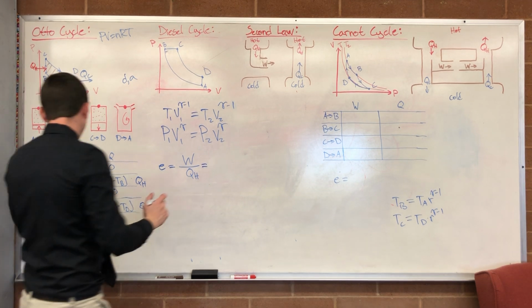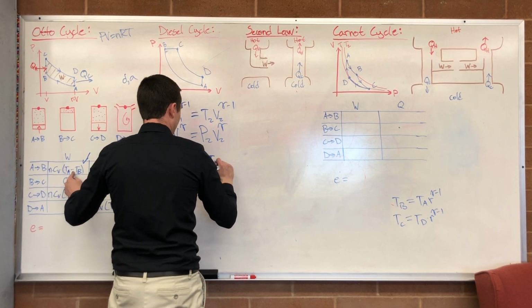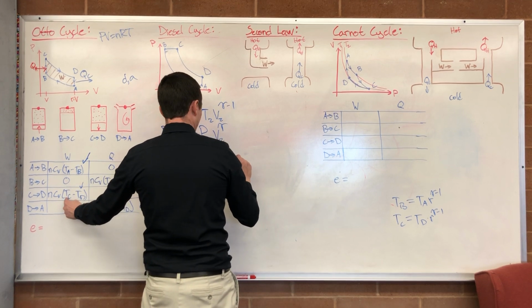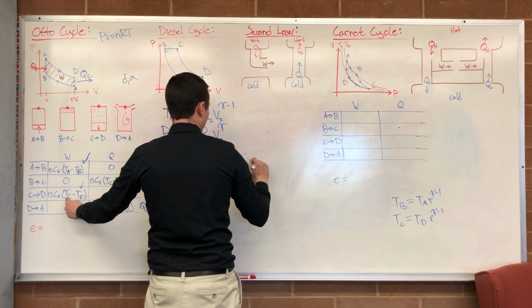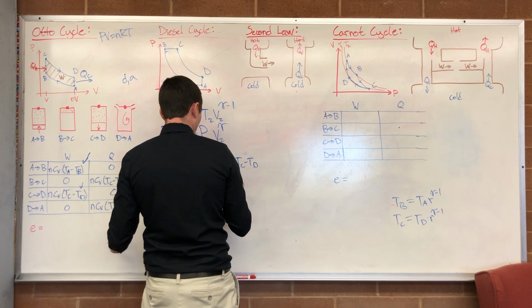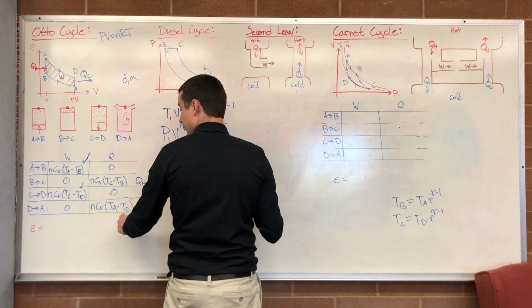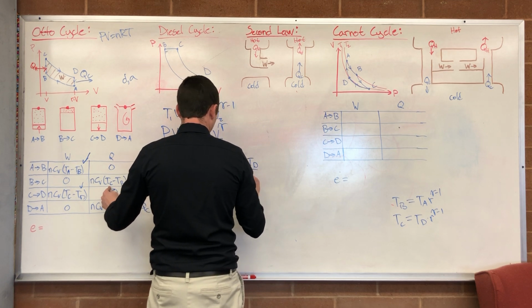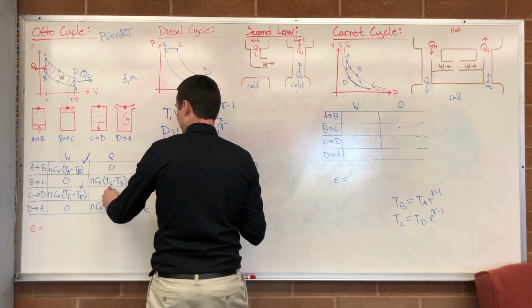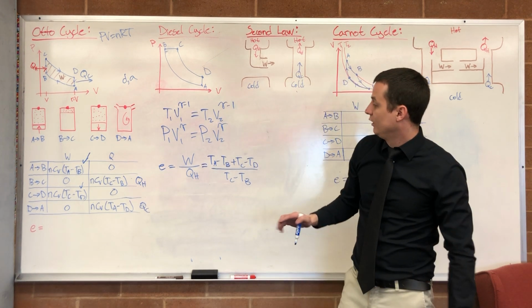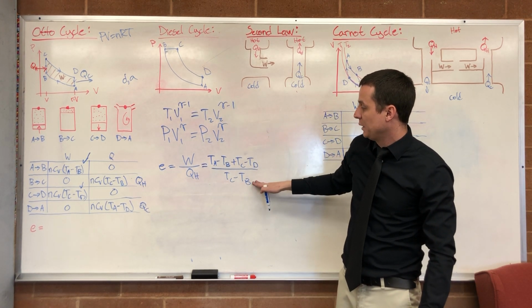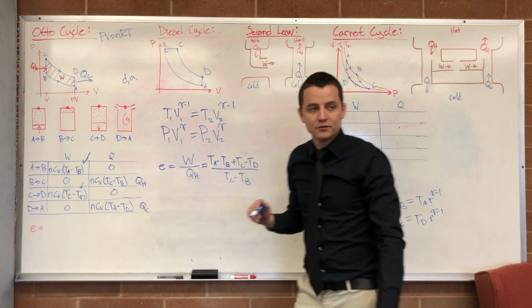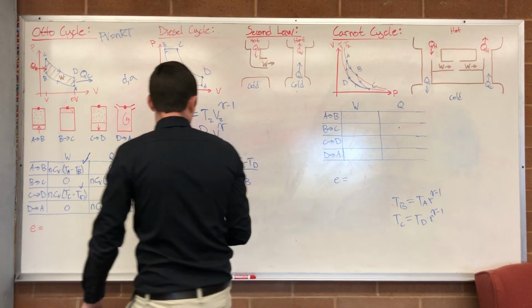So we have TA minus TB plus TC minus TD, all over TC minus TB. I just did work over QH, canceling out all the n times Cv's. Now I'll do that substitution.